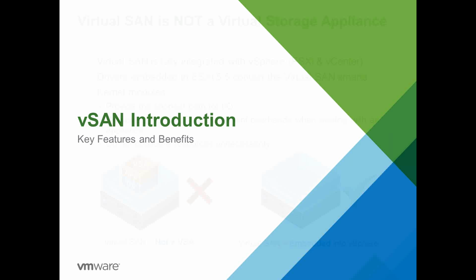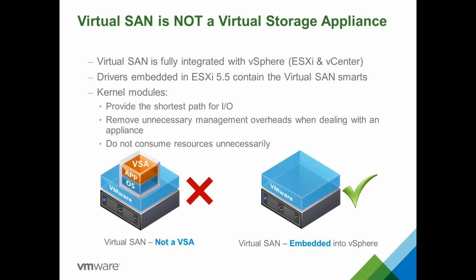So it's directly embedded into vSphere, leading to a direct I/O path, just as we have with our virtualization platform in general. You now have the same for your storage approach that's running on a VMware platform. And so really what we see is this removes a lot of management overheads when you're dealing with an appliance, and you don't have to unnecessarily consume resources.